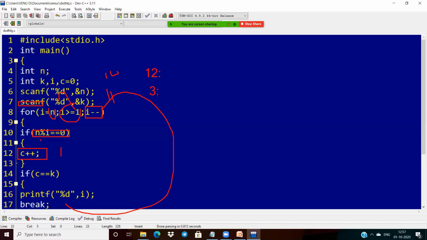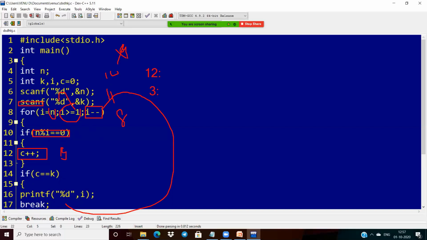Yes. Is 12 percentage of 10 zero? No. Then 9, 12 percentage of 9 is also not 0. 12 percentage of 8, not 0. 12 percentage of 7, not 0. 12 percentage of 6, yes, 0.